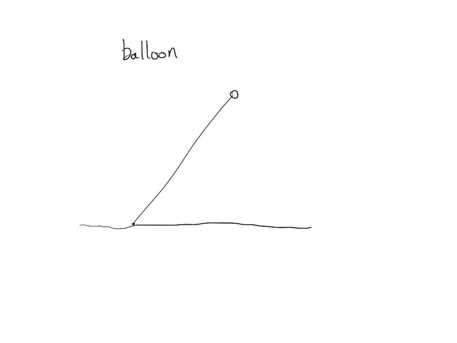It's tacked to the ground. You're here holding your balloon. It's pretty windy out. And we'll say this balloon is initially, we'll say the string is 120 feet. And the initial degree from the ground to the balloon is 35 degrees.